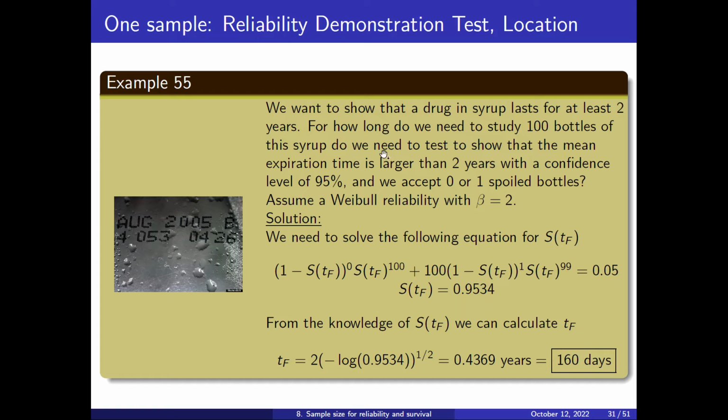Okay, so we have 100 bottles. We think that the spoilage rate grows with time, and then we need to solve the previous equation for TF. So first we have to solve it for the survival at TF, and then we will solve TF from there.